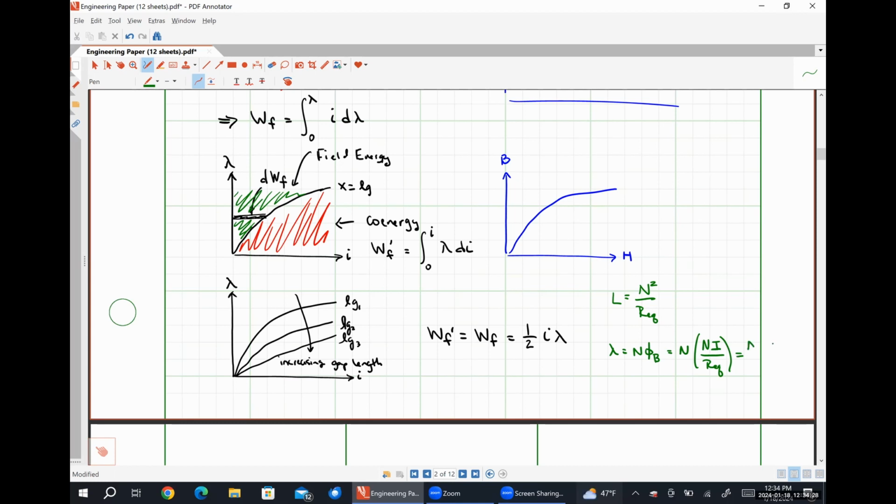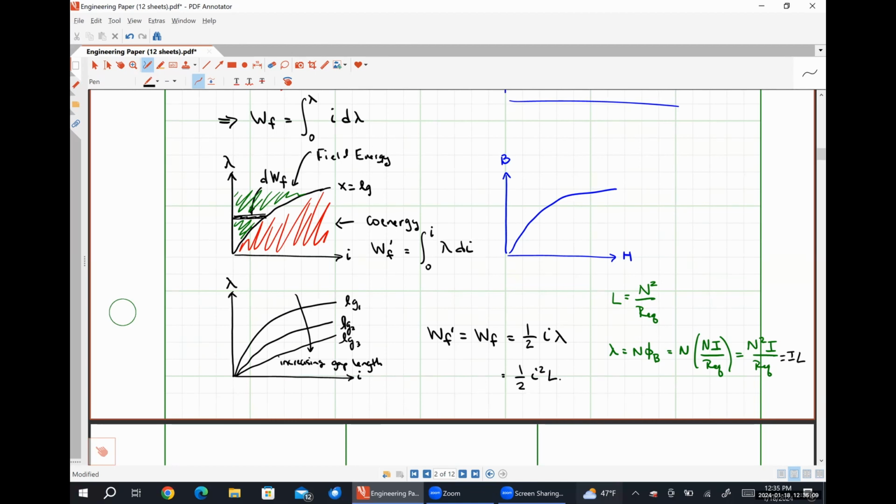We can substitute that in here for a linear system: half our current, and then we're going to have I squared times L, our self-inductance.